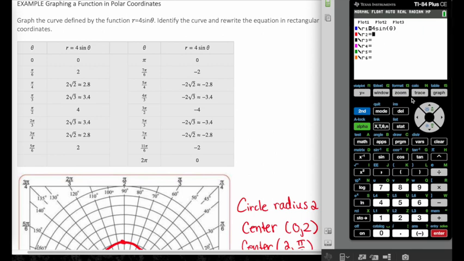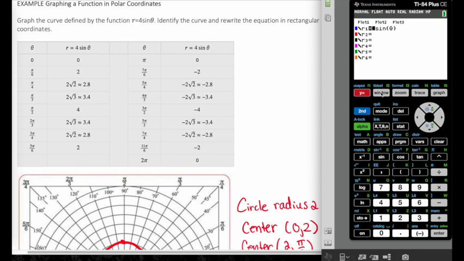Okay, now I'm going to go to my table. Since I'm doing this on the calculator, and I want to enter the values for theta and get out my corresponding values for r, I want to make sure that my table is set up to do this. So I am going to click the second button, and then above your window button in blue or a different color, it will say table set.